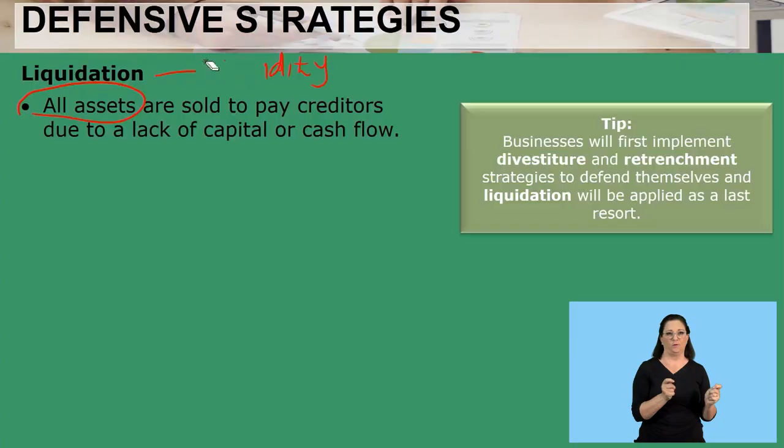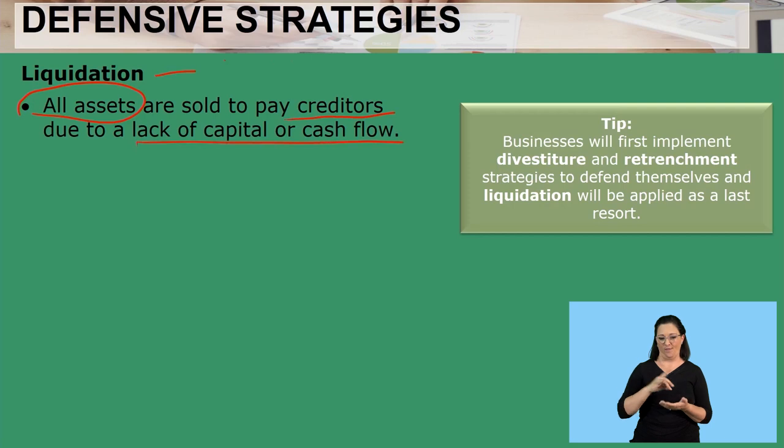With liquidation, all the assets are sold. Remember, with divestiture we said some assets. Here, all the assets are sold to pay the creditors. Who are the creditors? Creditors are people that are owed by the business. So all the assets are sold to pay creditors due to lack of capital or cash flow.